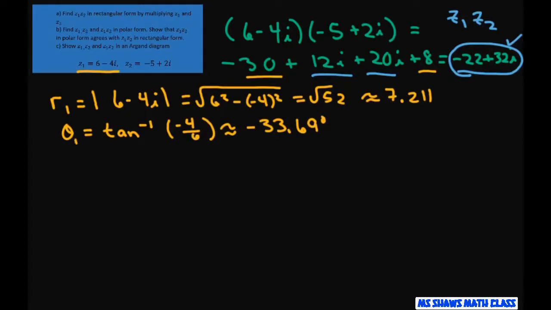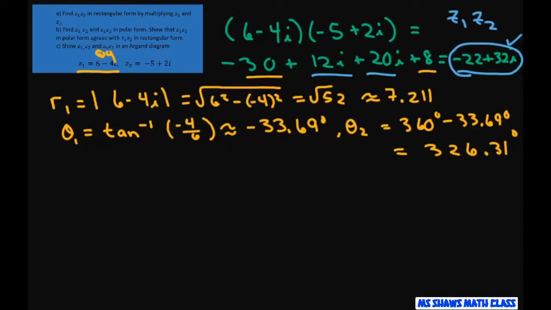We'll call this angle 1. So for angle 2, because we're in quadrant 4, we take 360 minus 33.69 degrees, and that's going to equal 326.31.